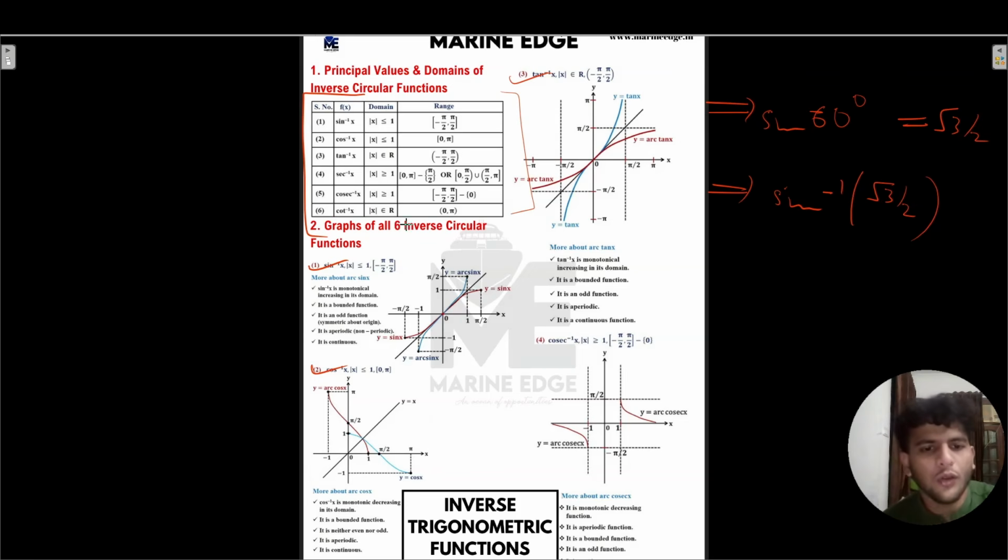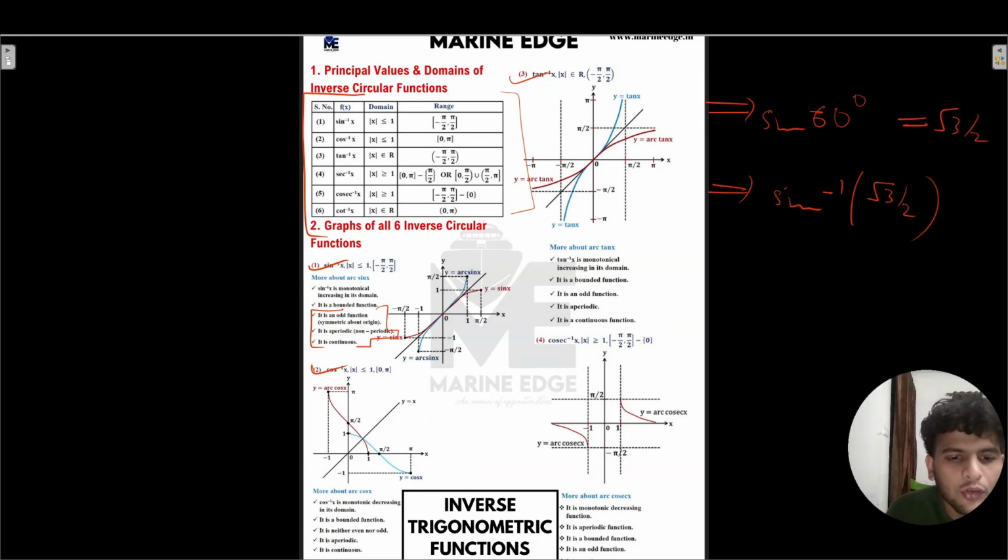Okay, and also you should know that it is a bounded function, and the most important thing according to me is that you have to understand whether the given inverse function is an odd function or an even function. You have already studied that the function sine inverse x is always an odd function, that is symmetric about the origin.